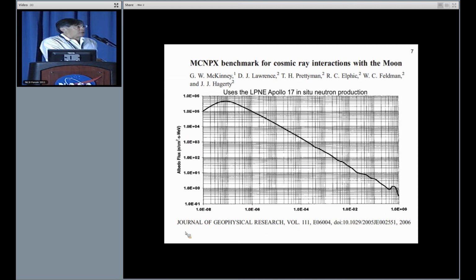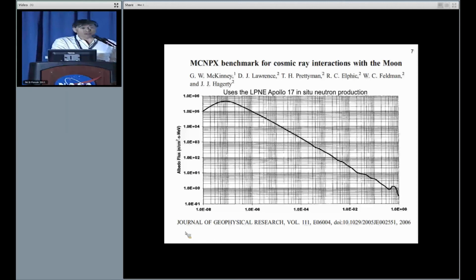We use the Monte Carlo benchmark by McKinney that uses the LPNE Apollo 17 in situ neutron production. You will see on the left-hand side the flux of neutrons as a function of energy.